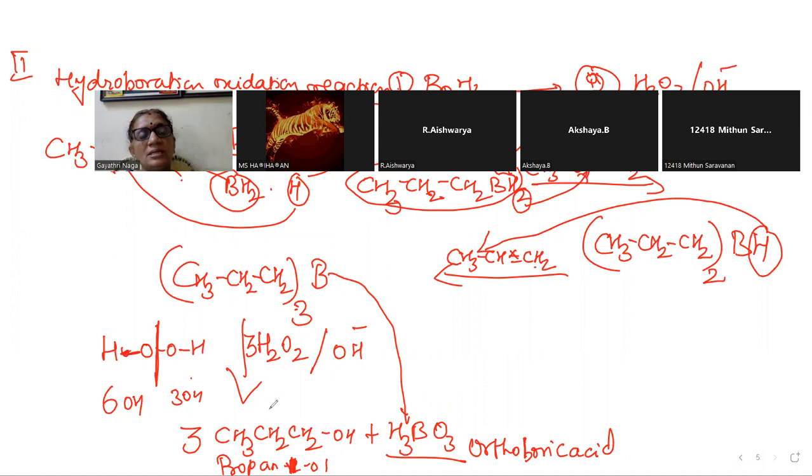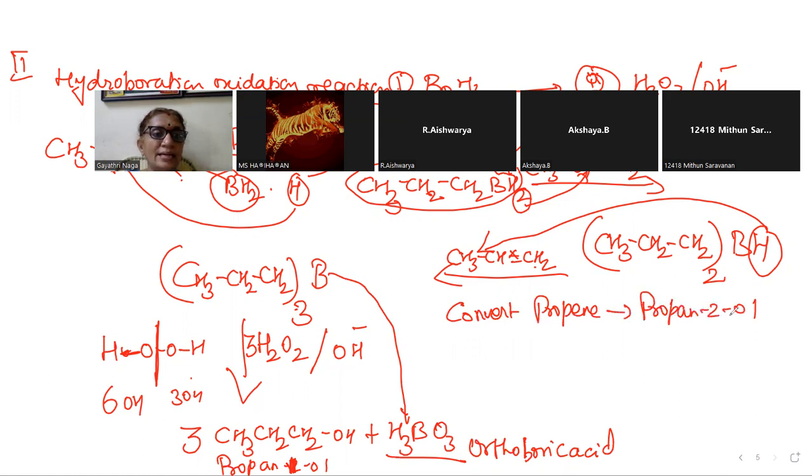So in the first method of preparation, we got propan-2-ol. Here from propene only we started. In the second method, hydroboration, we got propan-1-ol. So this can be used in conversion. See, when they ask you a conversion like this, convert propene to propan-2-ol, you can use the hydration reaction.